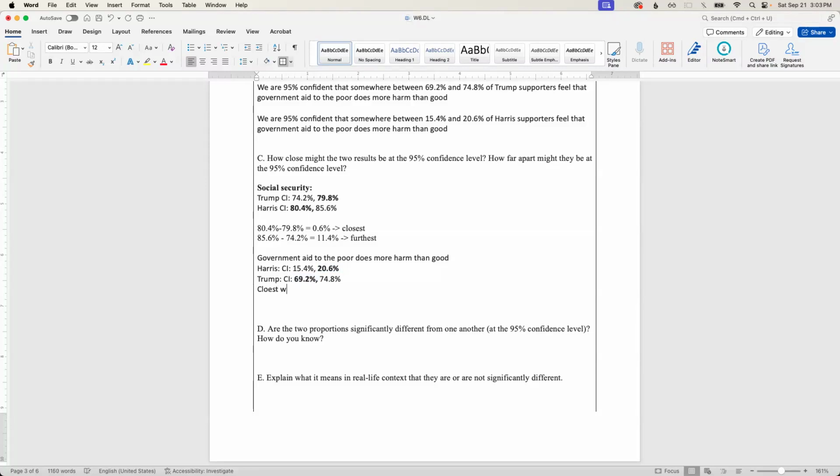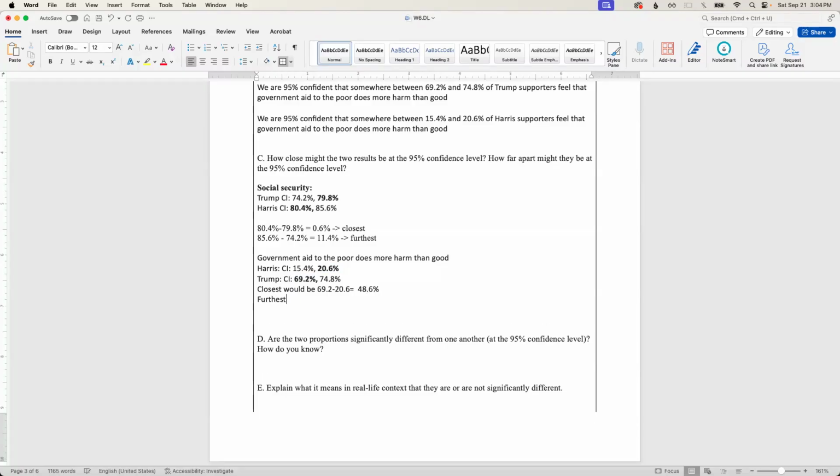So closest would be at the 95% confidence level, 69.2 minus 20.6 equals 48.6%. And the furthest would be if this was the lowest and this was the highest, that would be the furthest they might be away at that. So 59.4%.